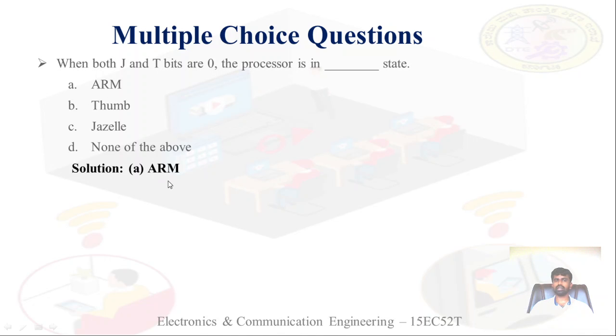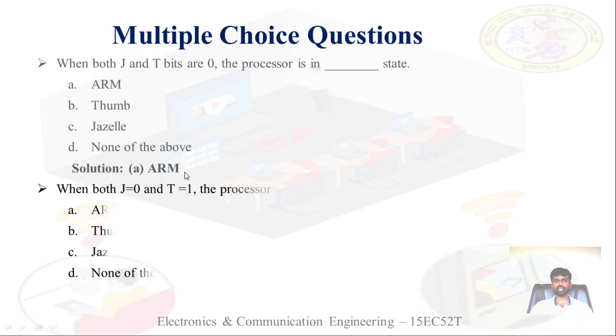So the answer is ARM. Similarly, when J is equal to 0 and T is equal to 1, the processor operates in which state? T is equal to 1 is nothing but the Thumb state. So the answer is Thumb. If J is equal to 1, then it operates in the Jazelle state.